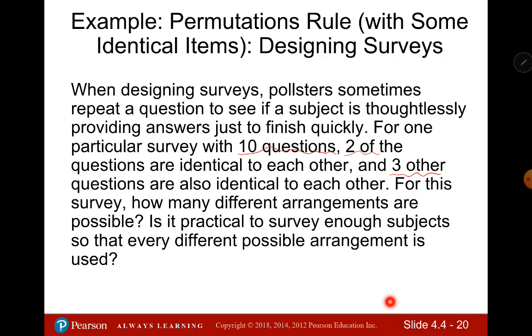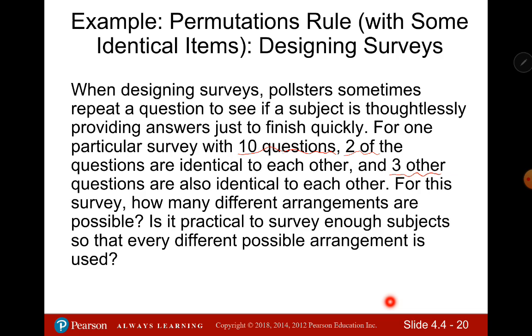So for this kind of survey, how many different arrangements are possible? This is the first question. The second question is, is it critical? So let's check the first question. How many different arrangements are possible?